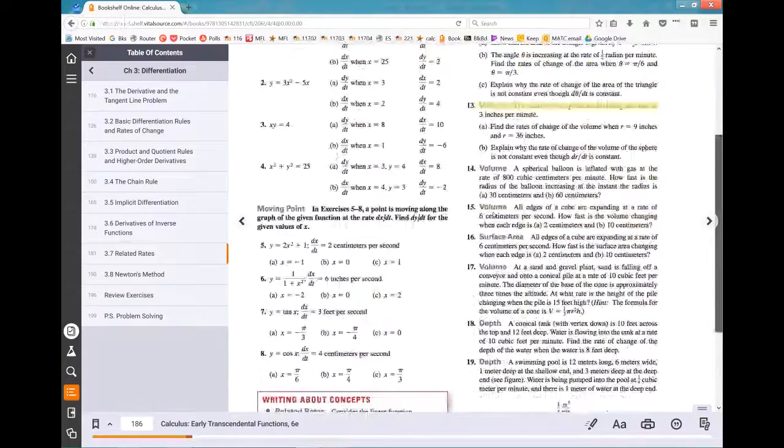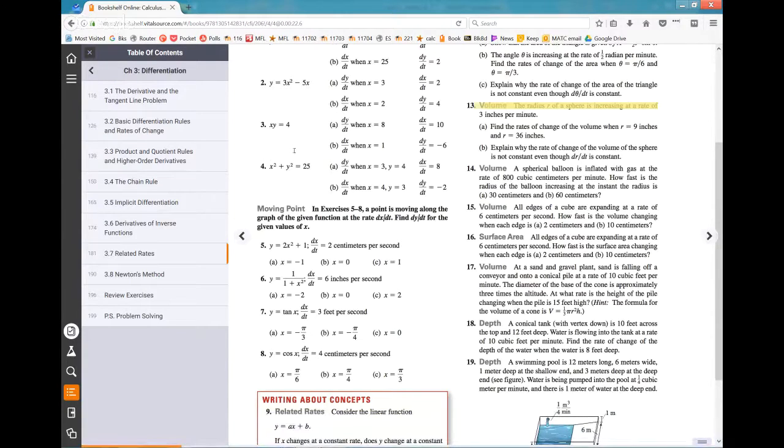It says y equals 1/x squared. You're given that dx/dt is 6 inches per second, and there are actually 3 parts to it. I'm just going to do part A, different values of x. When x is -2, we're trying to find, if you look up here at the top, dy/dt.